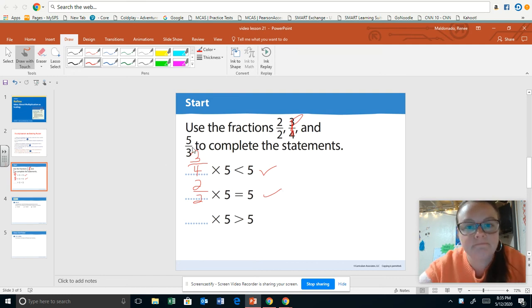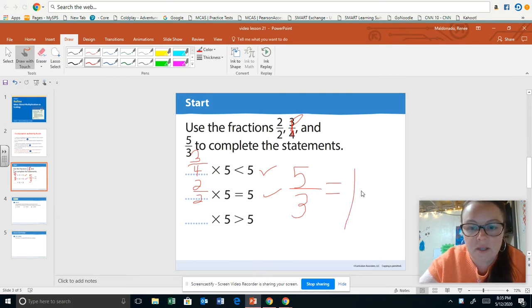So I just want to make sure the last one makes sense. 5/3. Okay. Again, improper fraction. 5/3 is more than a whole. 5/3 as a mixed number. Do you know what that would be? You worked really hard on that this year. 3 can go into 5 one time, and there would be 2/3 left over.